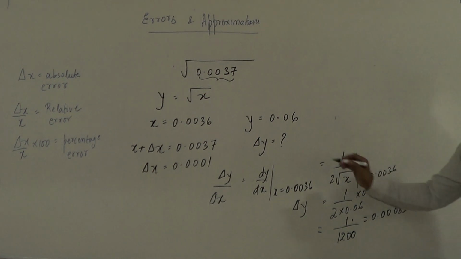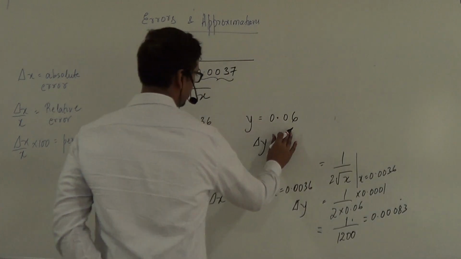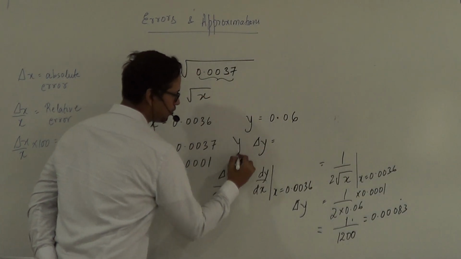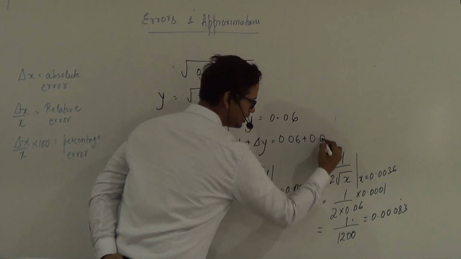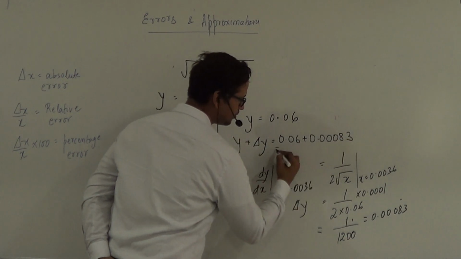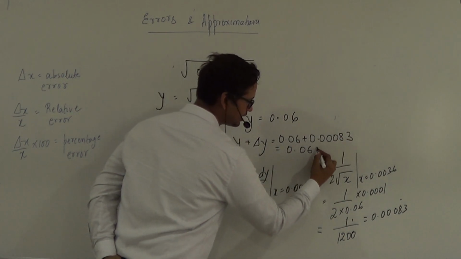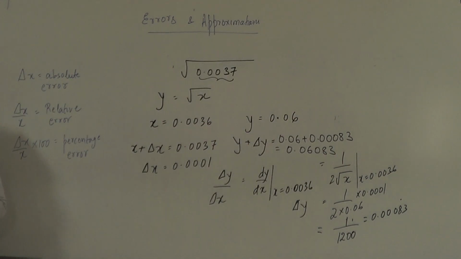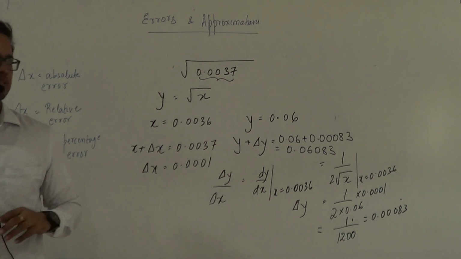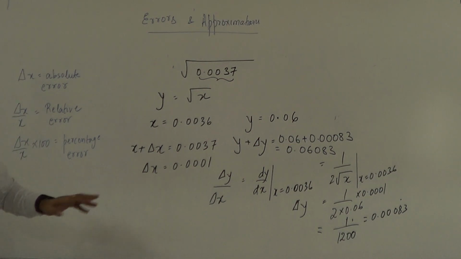Now, this is the change in the y value. So my new y value will be y plus delta y, which is 0.06 plus 0.00083, which is 0.06083. Don't get muddled up with the zeros, so many zeros. In another 15 minutes we will take up these relative error questions and then we can go for a break. Fine, clear?